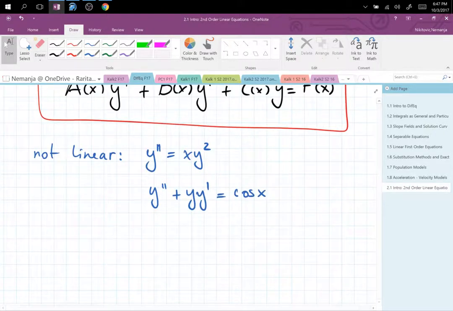So, now in purple, the story of what I call homogeneous and non-homogeneous.